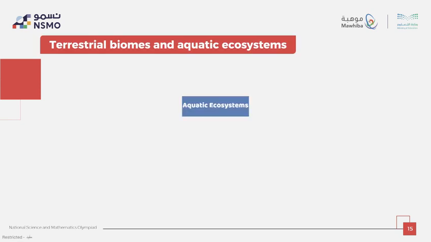So aquatic ecosystems include environments where organisms live in water instead of land. And it has marine waters. These include oceans and seas. They contain salty water and rich biodiversity like coral reefs and fish. And we have transitional waters where fresh water meets salt water, such as estuaries.